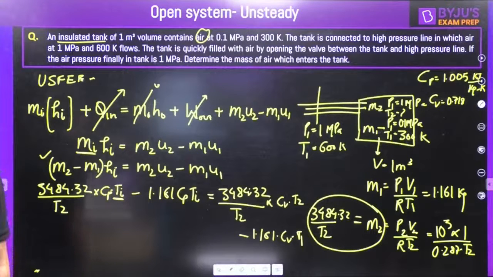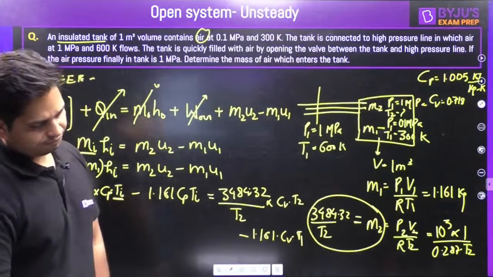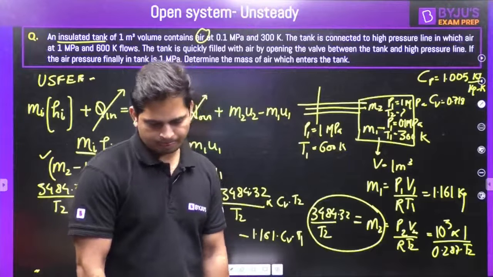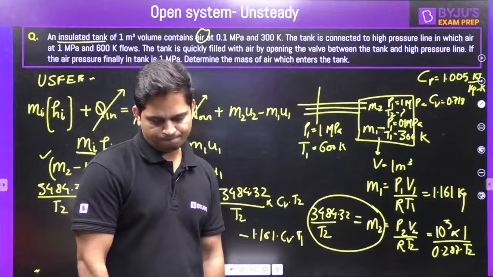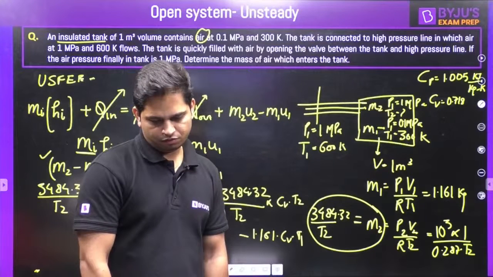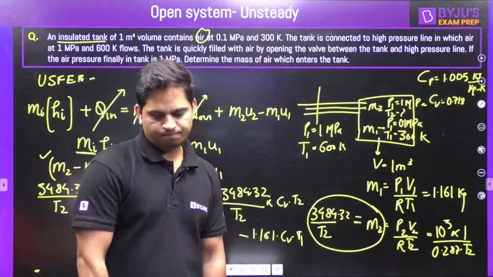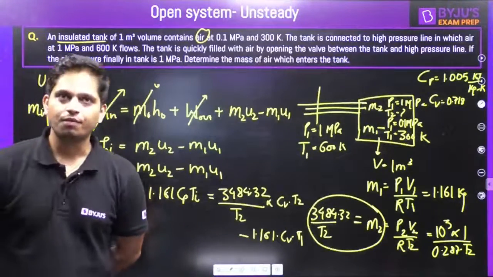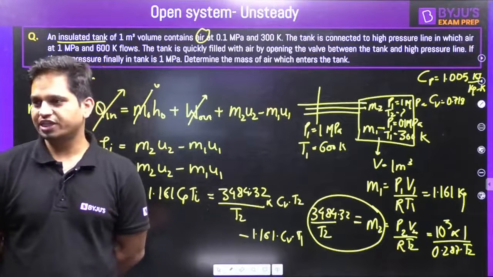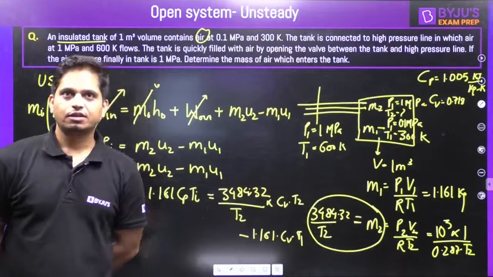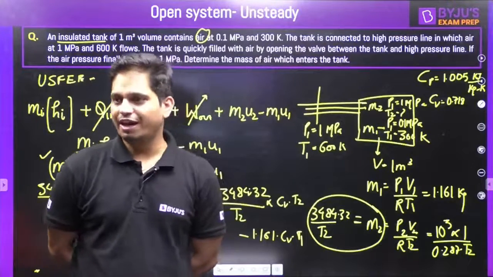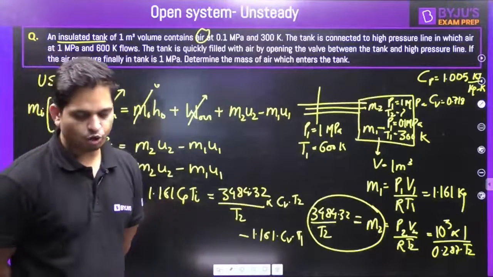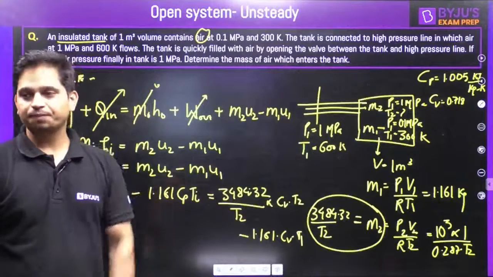Okay. T2 is 672. T2 should not be 672. It is 711.8 Kelvin.